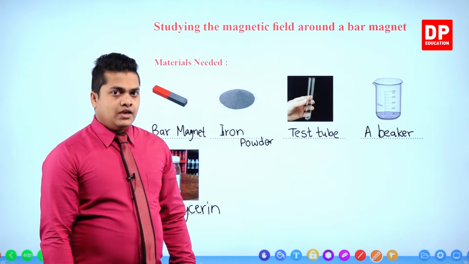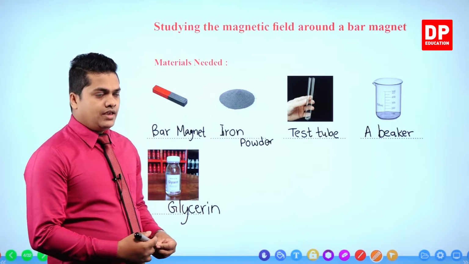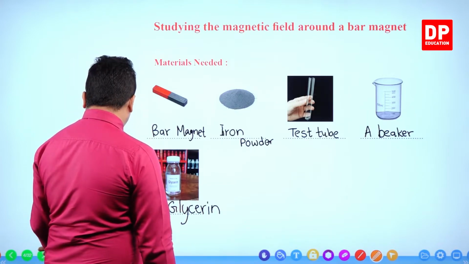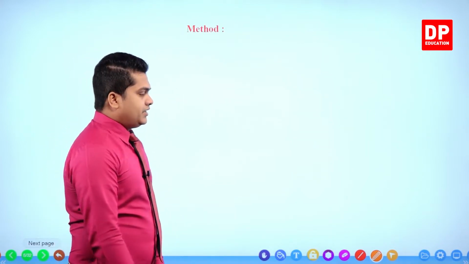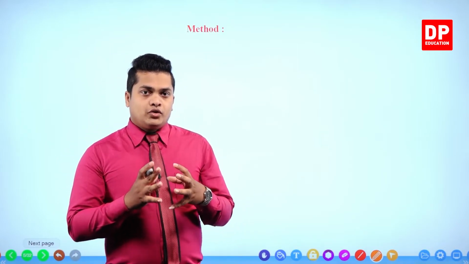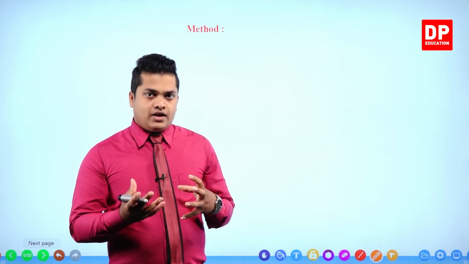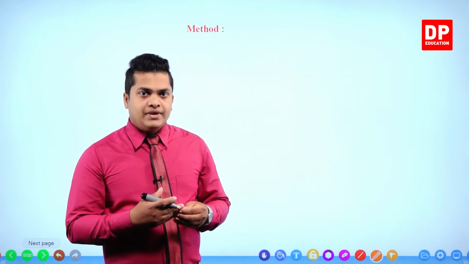Now let's see how to conduct this activity, or what the method of conducting the activity is. First of all, you'll be needing that glycerine, and we need to put that glycerine into the beaker.